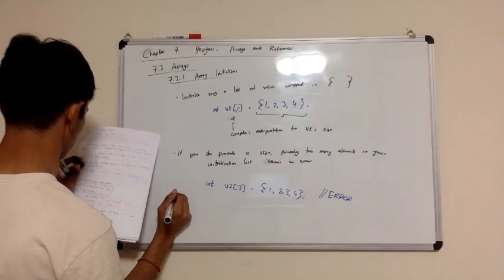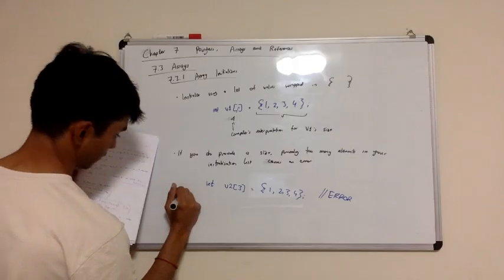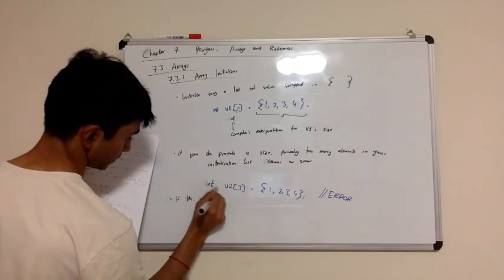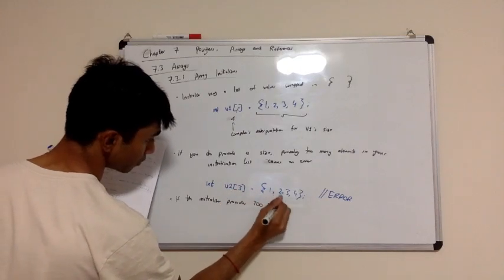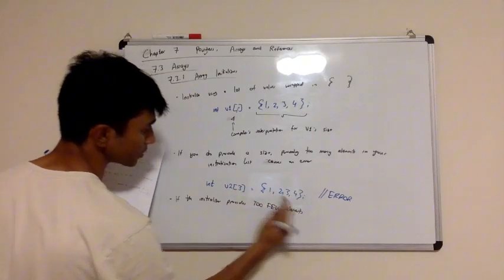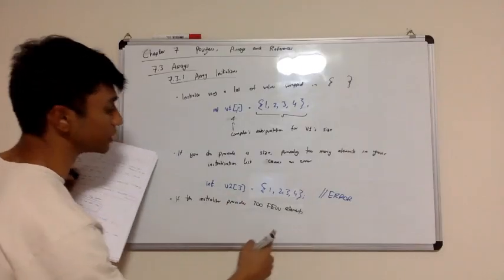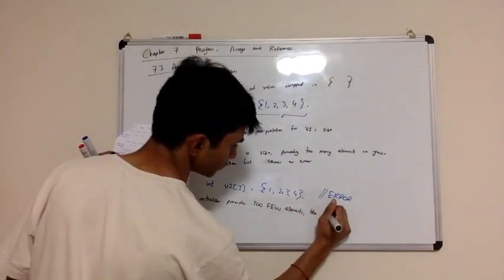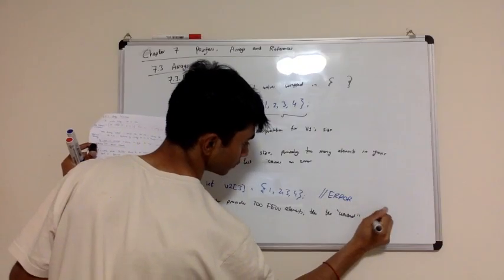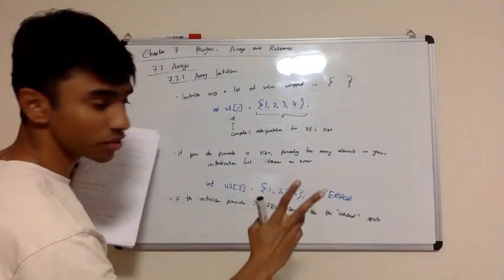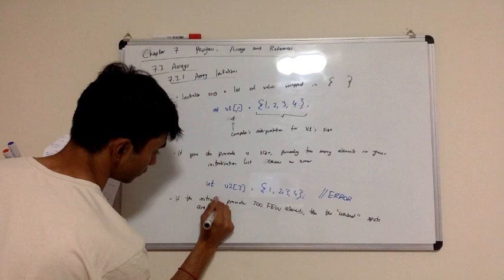If the initializer provides too few elements, so that the size you give here is bigger than the list, then the unused spots, so to speak, are 0.